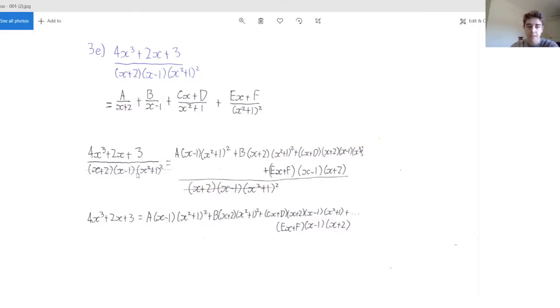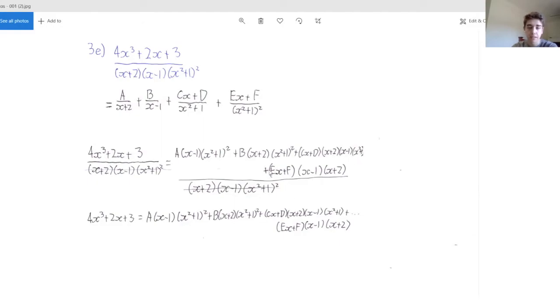So we just bring this back down here, and then we multiply by whichever factors the constant doesn't have in the denominator. So A times x minus 1 times x squared plus 1 squared, plus B times x plus 2 times x squared plus 1 squared, plus Cx plus D, and then we have to multiply that by x plus 2, x minus 1, and x squared plus 1.